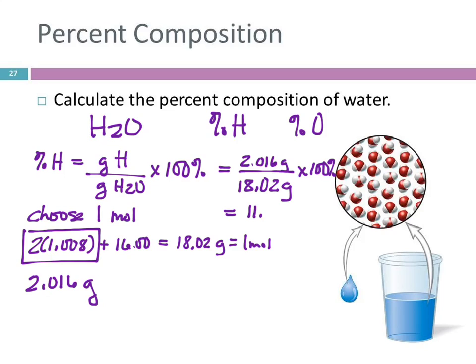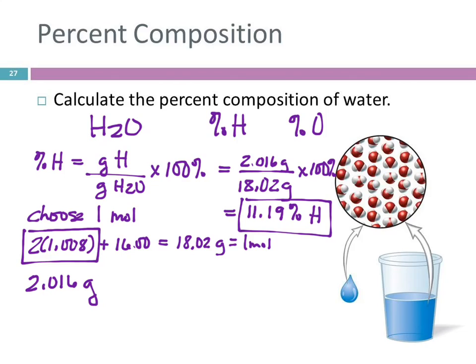Actually, I shouldn't round that to 3 significant figures. I should keep 4. 11.19% hydrogen. Any questions? How do I find the percent oxygen? I could subtract from 100, or I could take 16 and divide by 18.02 times 100.